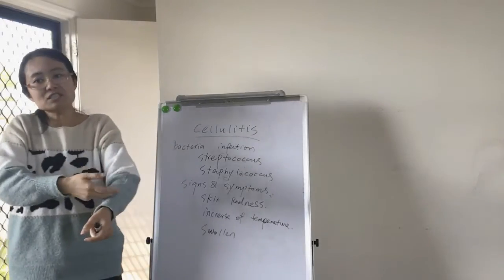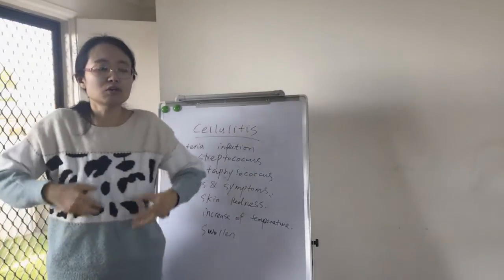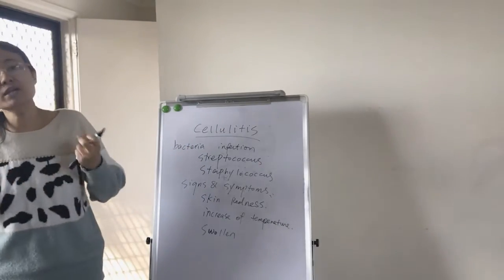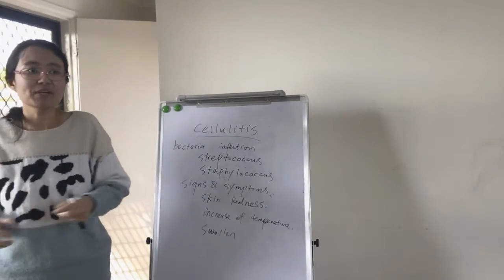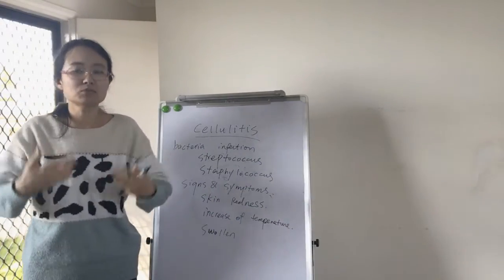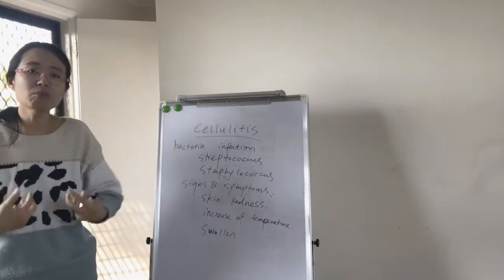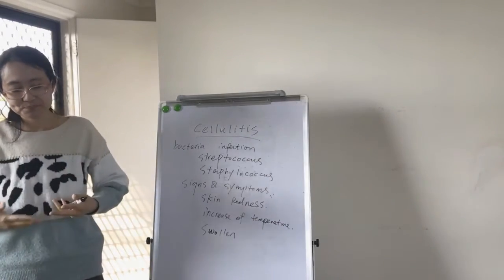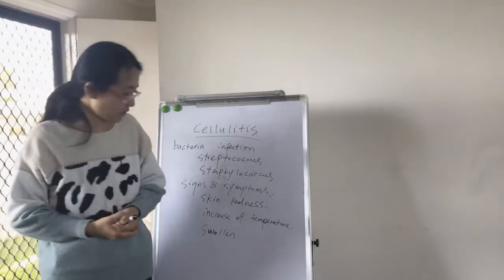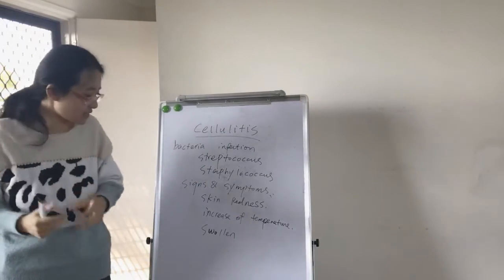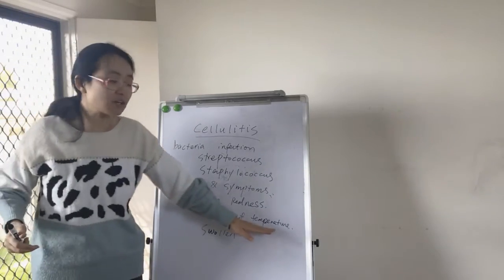Now, the white blood cells and the damaged tissue will release a lot of different chemicals, including the inflammatory mediators. These inflammatory mediators will help to promote wound healing and to kill the bacteria.